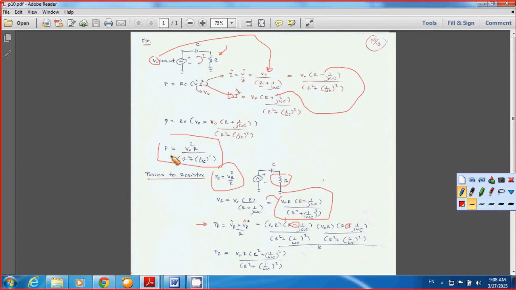Rearrange the term using simple math, and you will see that the two terms are equal, and that's why I say that all the power is transferred to the resistor.